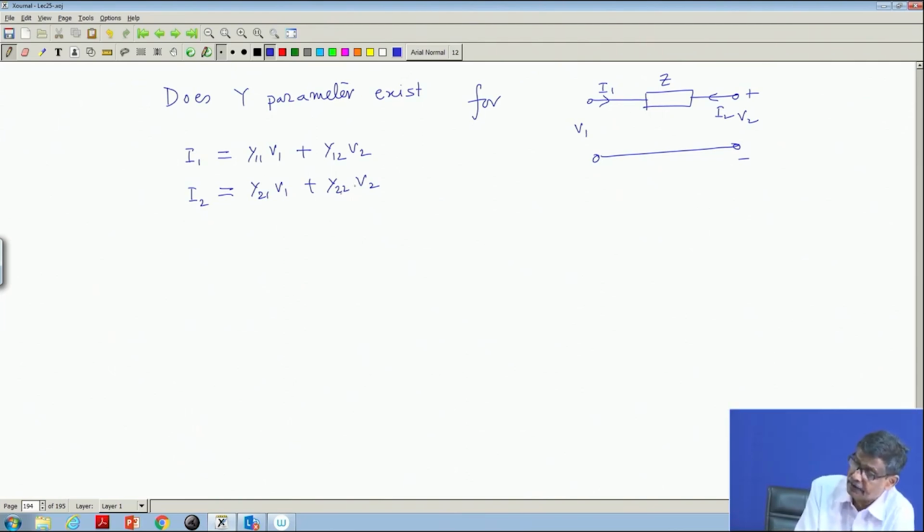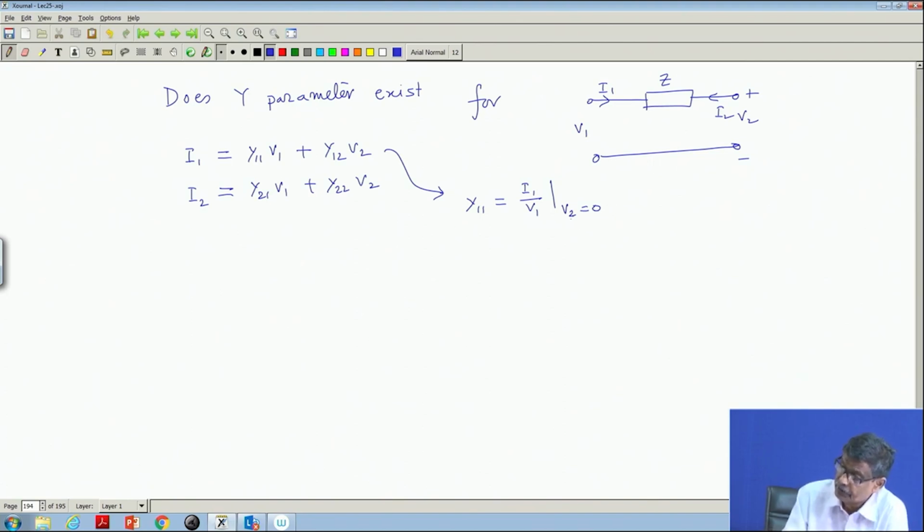We have seen earlier, and as you can see from this equation, y11 is nothing but I1 by V1 with V2 equal to 0. This is the driving point admittance with respect to the input port.